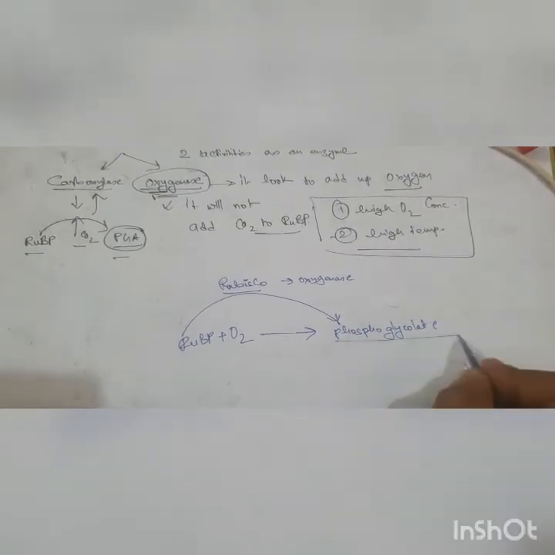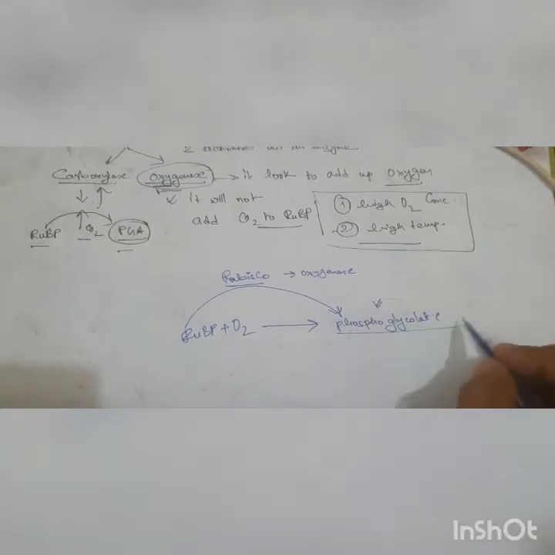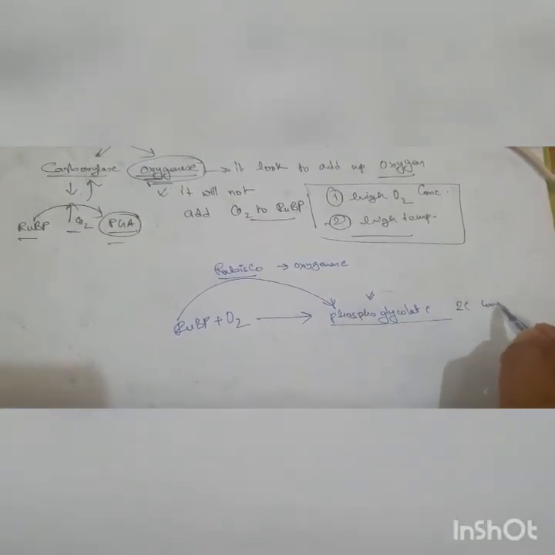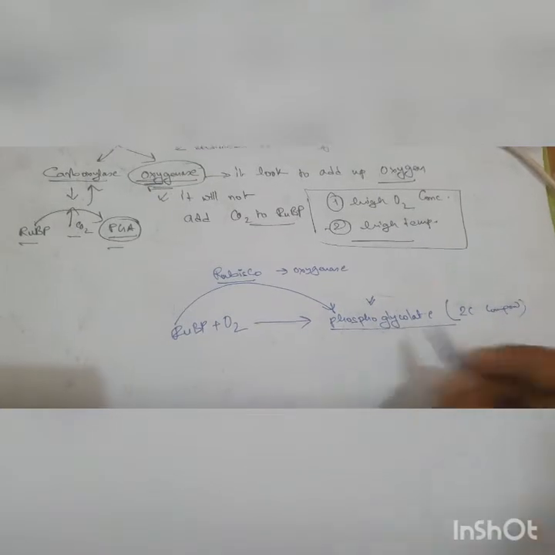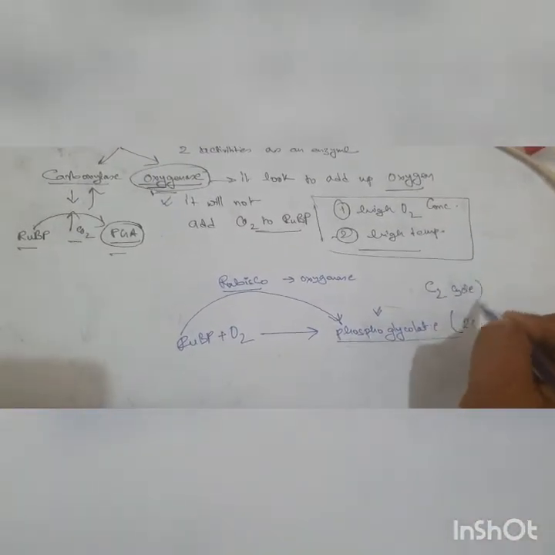It will form phosphoglycolate. This is a 2 carbon compound, and hence now the cycle that will go on is a C2 cycle. It is also known as photorespiration.